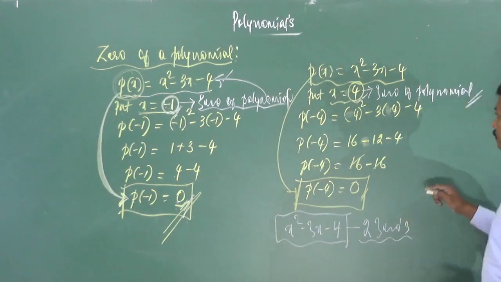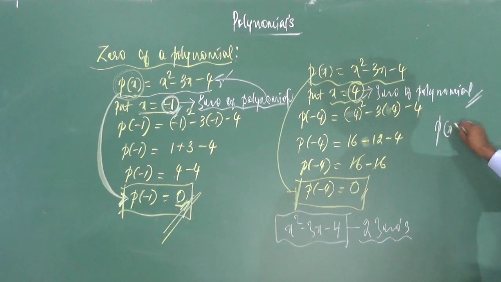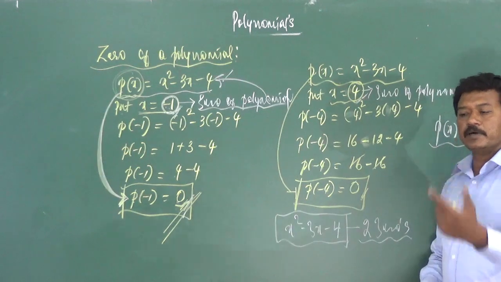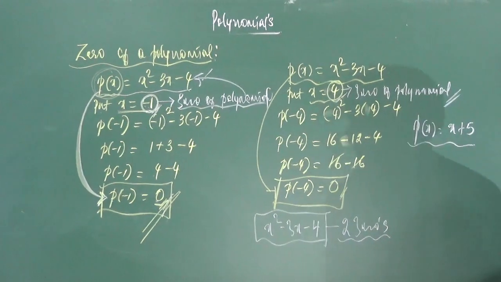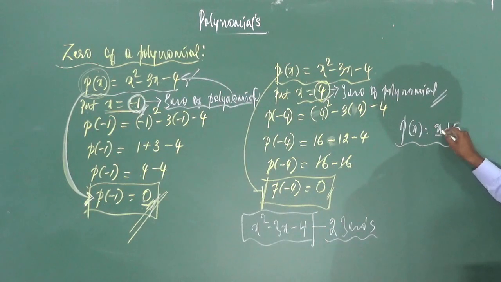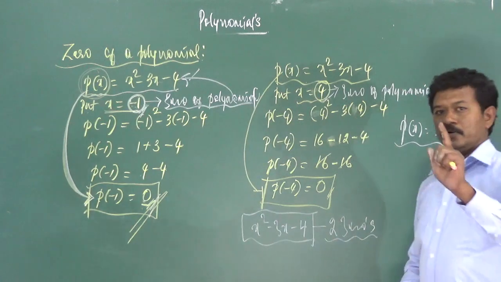For example, here p of x is equal to x plus 5. I have a polynomial. It's a linear polynomial. Why is it called a linear polynomial? Because the exponent of the variable is equal to 1. That is, the degree of the polynomial is equal to 1.